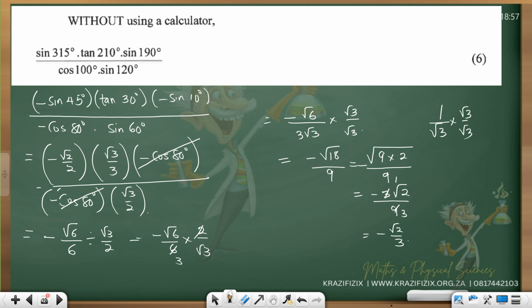You see? Root 3 over 3. You understand? So you can write root 3 over 3, it's fine. Thank you, sir. All right. Are we okay now?